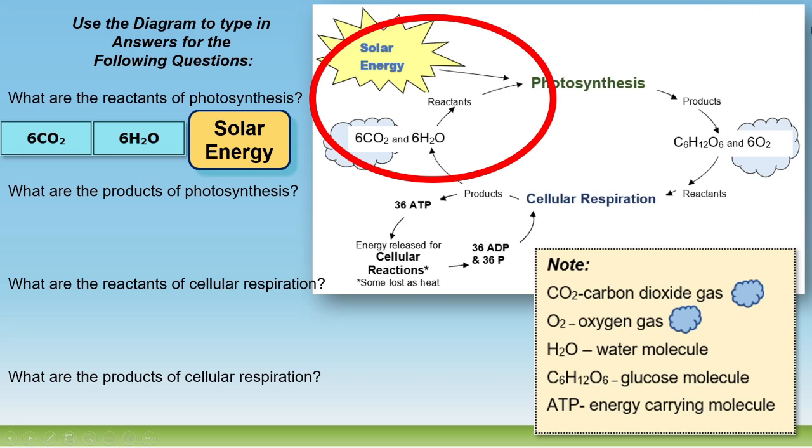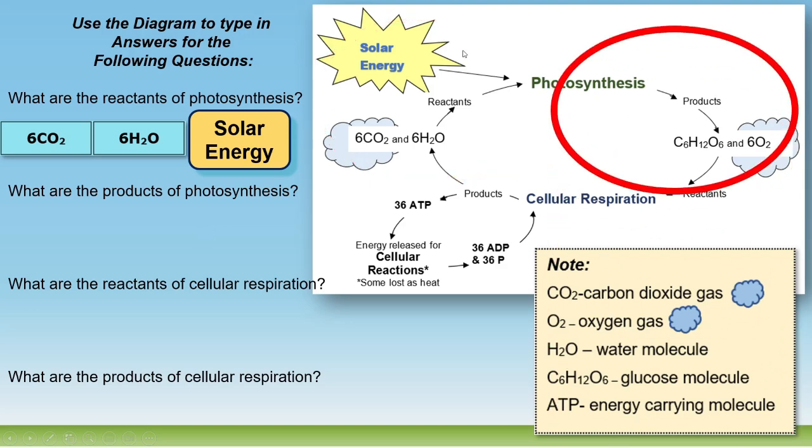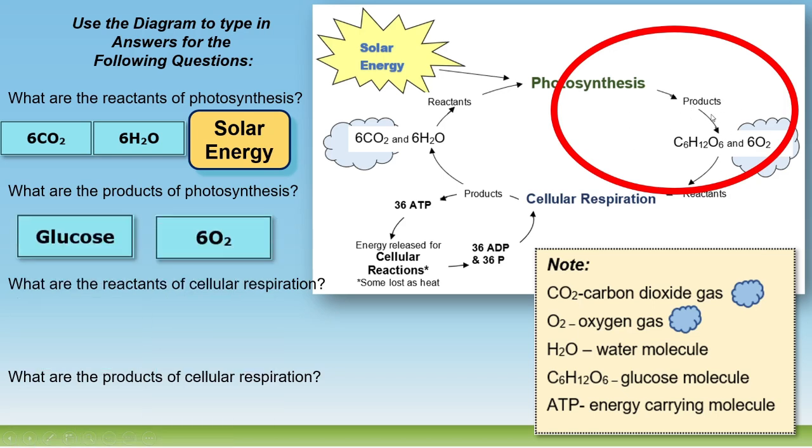Now let's look at what photosynthesis yields, or what the products of photosynthesis are. From photosynthesis, we get glucose. I want you to write both glucose and the chemical formula for it.